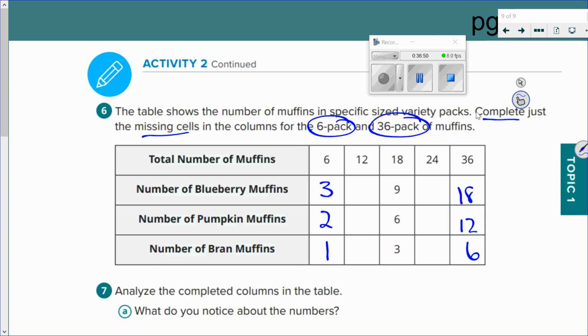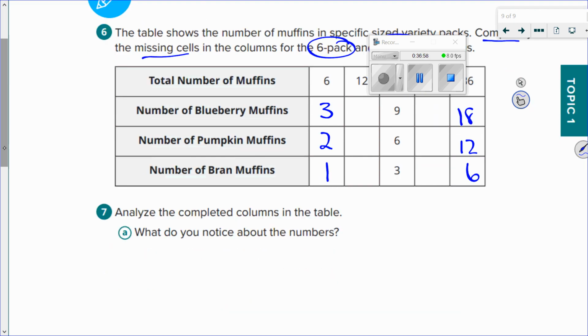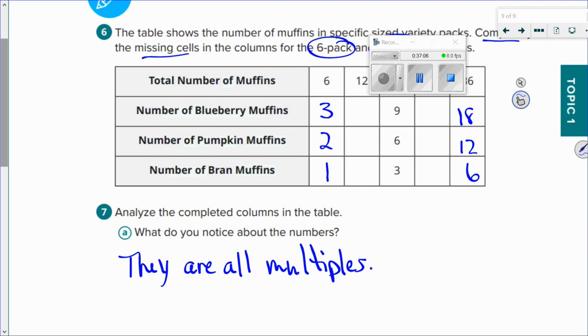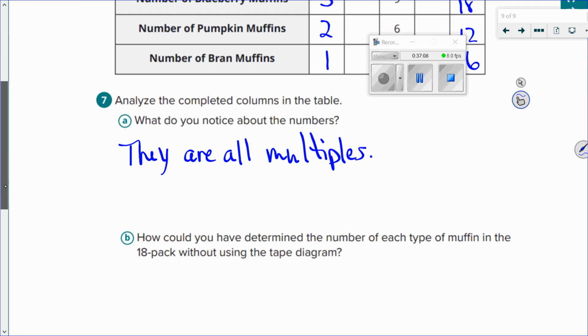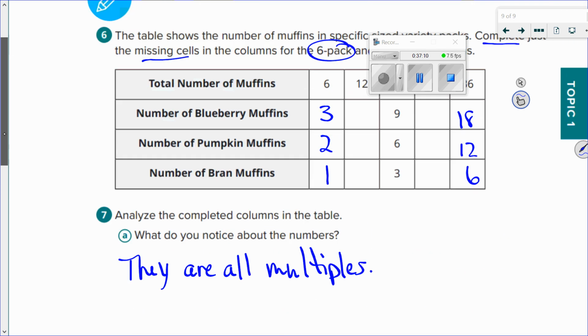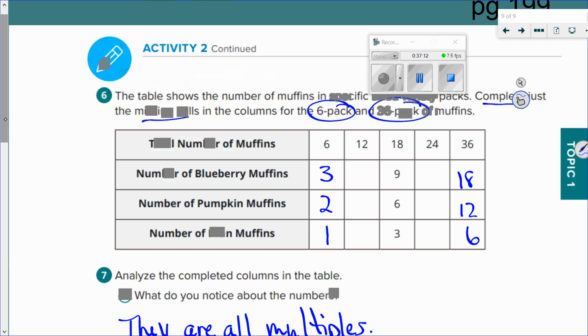So what do you notice about those? They're all multiples of each other, right? Yeah. Okay? So, they are all multiples. Then, now, if I've done that, can I now fill in the 12 and the 24?